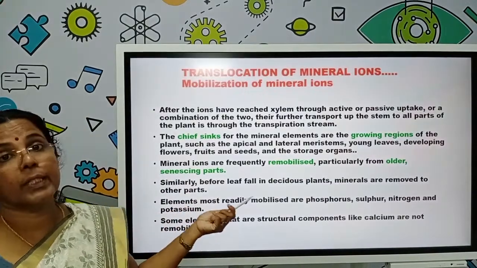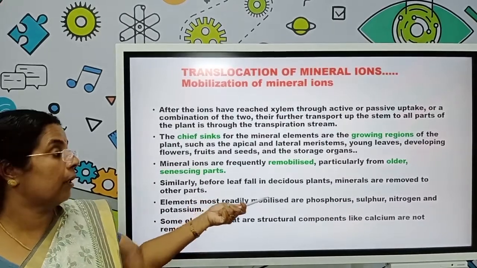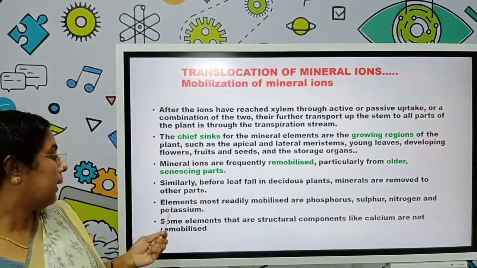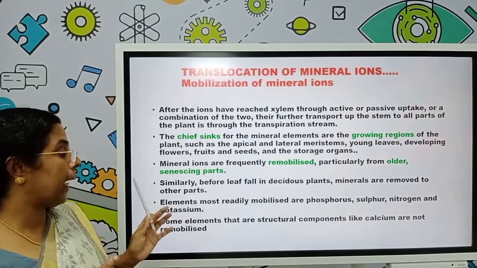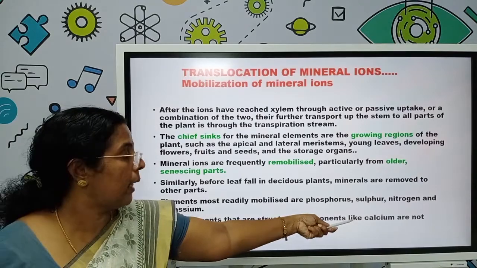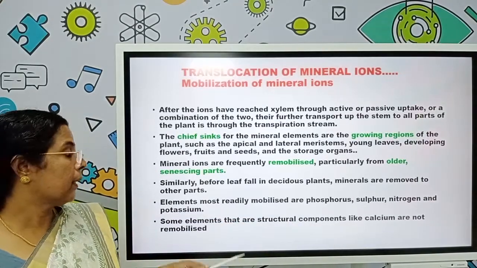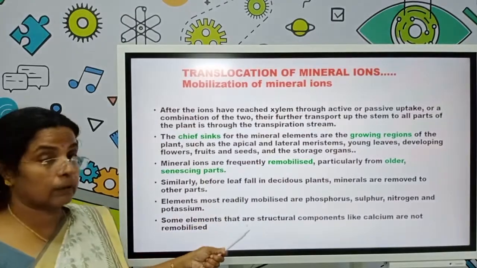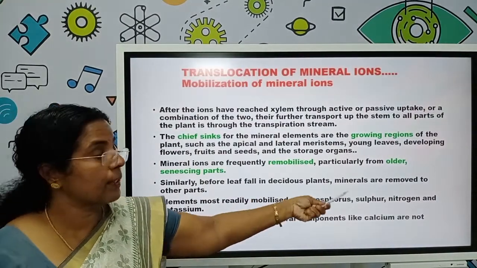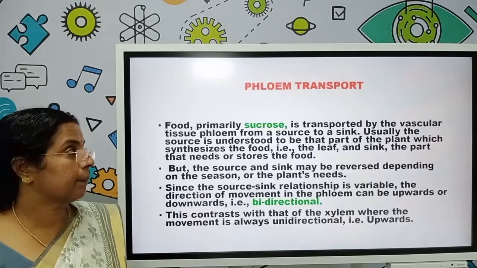In deciduous plants also, before leaf fall, they remove all the minerals. Then there are some minerals that cannot be mobilized, and that element is calcium. Calcium is unable to mobilize because it is part of a structural component of the cell. Whereas minerals like phosphorus, sulfur, nitrogen and others can be readily mobilized.